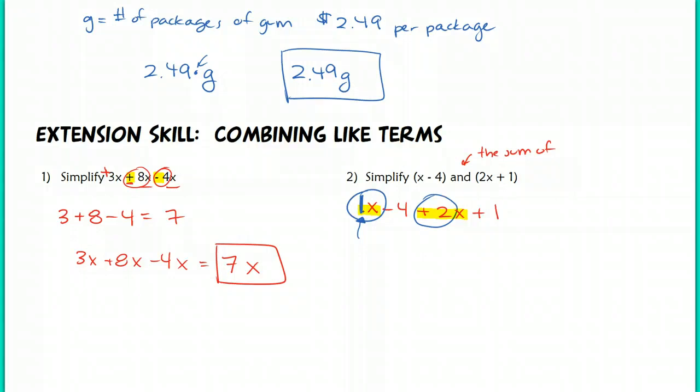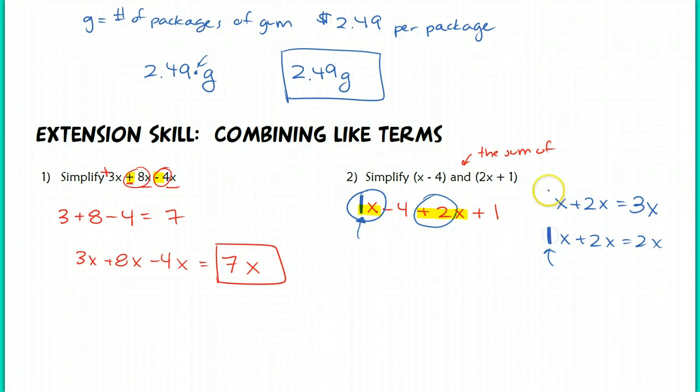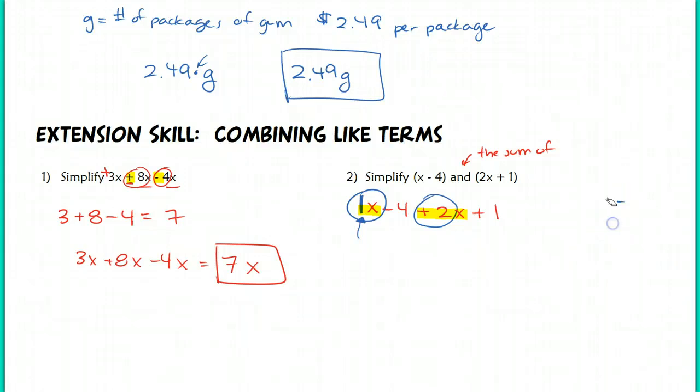So in this case, when I add x plus 2x, I need to get 3x. A lot of students at first will write this as 2x because they don't see a number here, but you should know now that there is a number out in front of there, and that's why we would get 3x here.